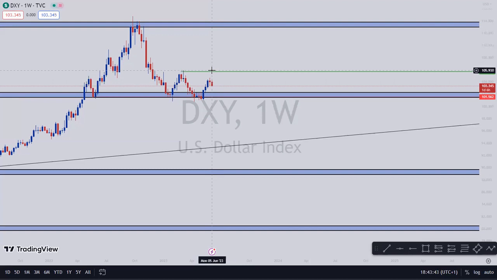We are heading, and the next target level is here, and from here all our pairs are going to fall in line. So all this is just to say that you have to be patient with the market. So guys, you have to be patient. Sit on your hands, don't force the trade.